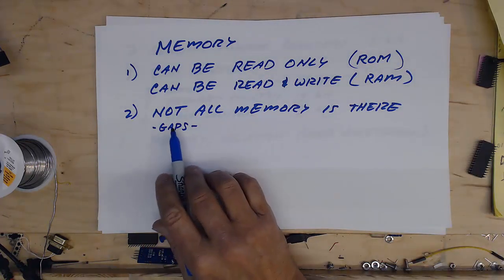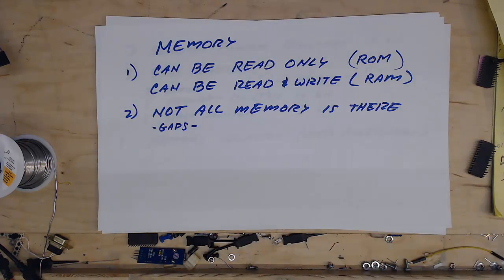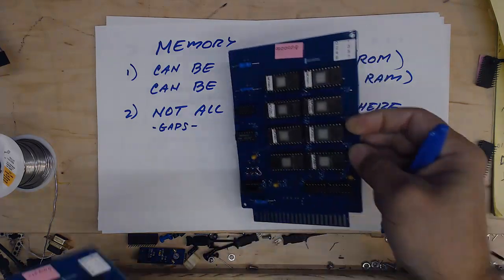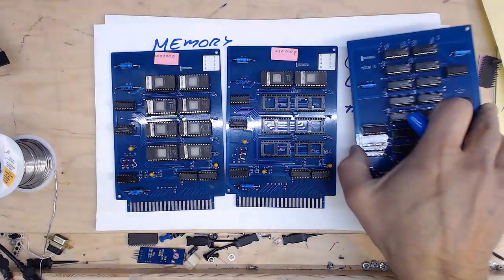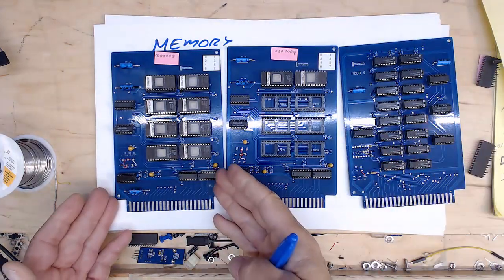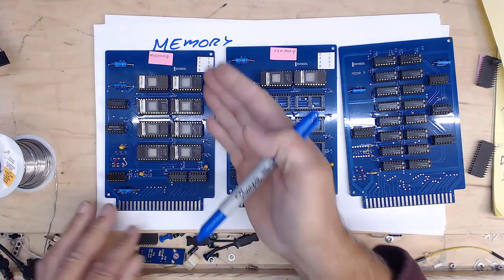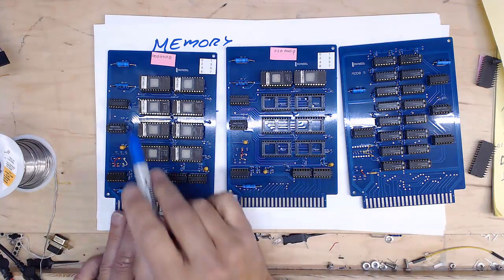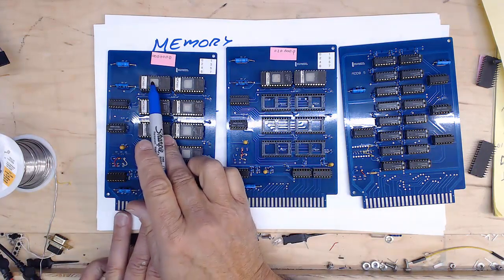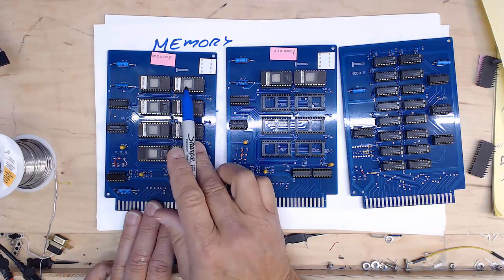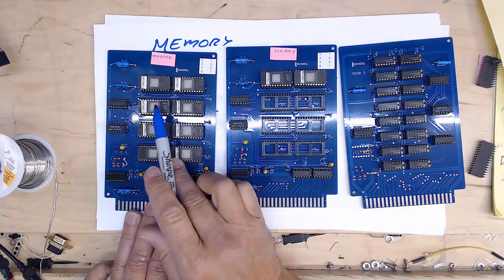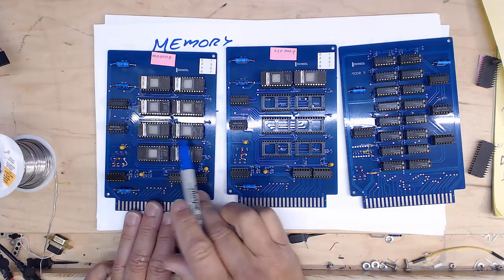Okay, the second thing to remember is not all memory is there. So, for example, when we have our memory put into our system, this is the way we have it laid out. We have a section of memory that is our ROM. This is our program memory, and so the program will start in this memory location, goes up 256 bytes over into this one, and then to that one, and so forth.